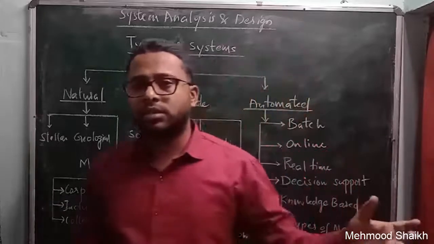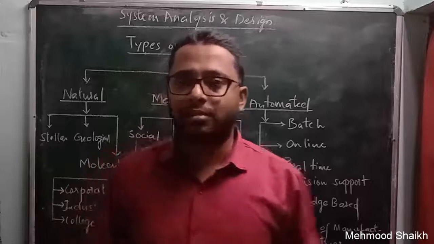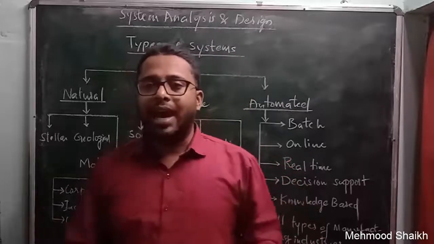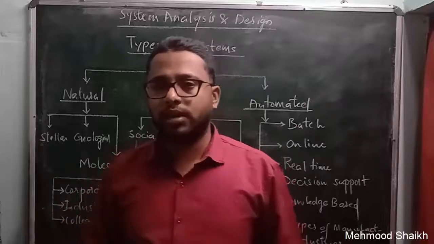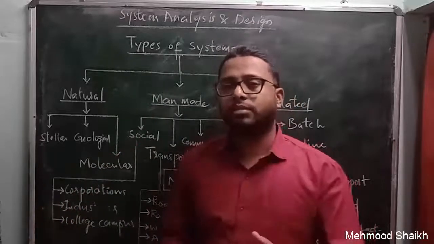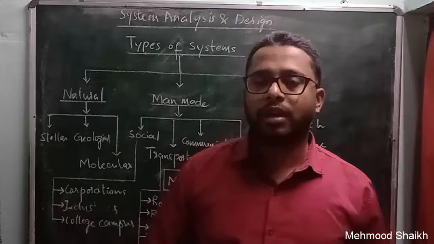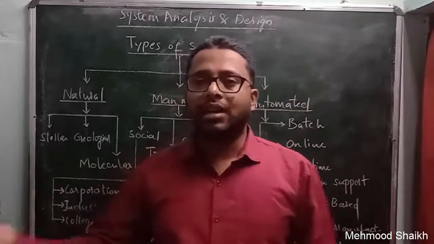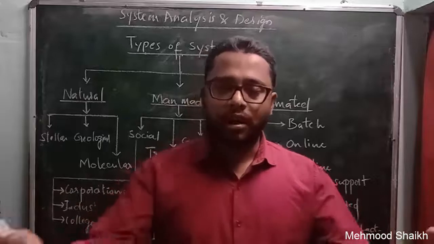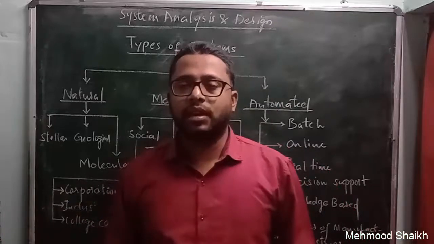And we have another systems like adaptive systems. Adaptive systems are those which adjust themselves according to the changes in the environment. An example for adaptive system is living system, where humans, animals and other living creatures are staying in that system.